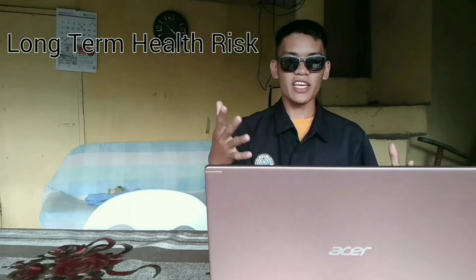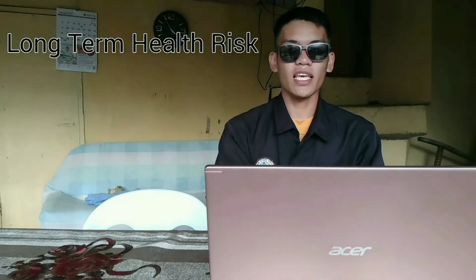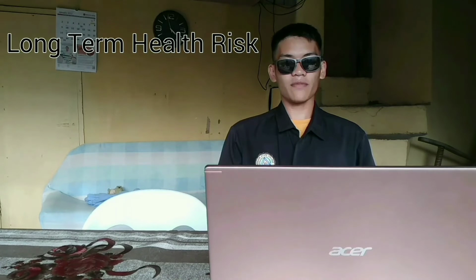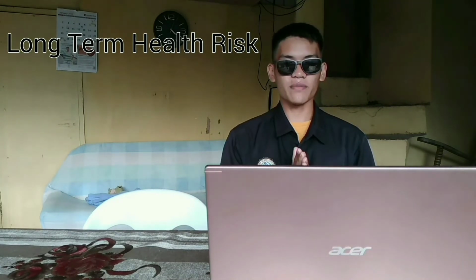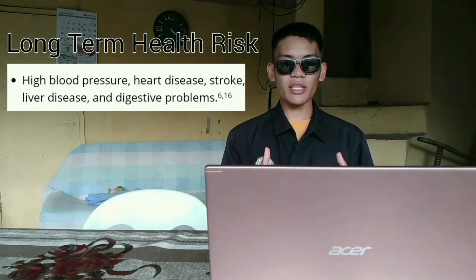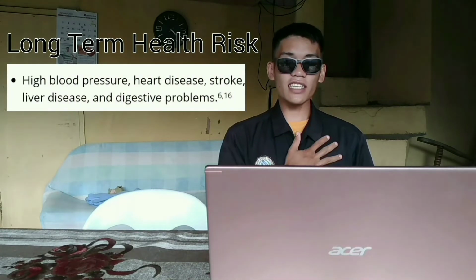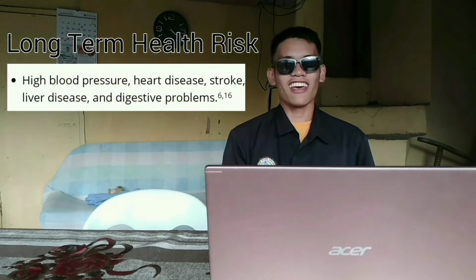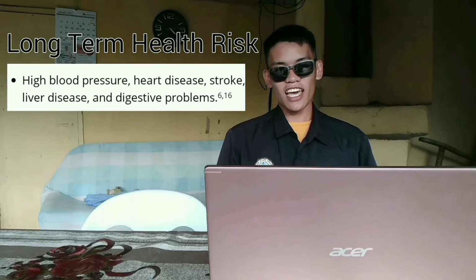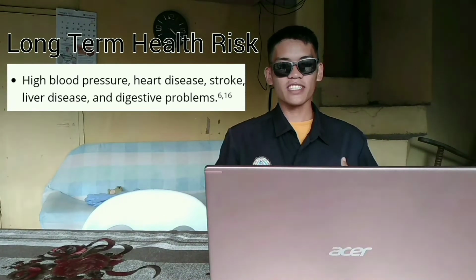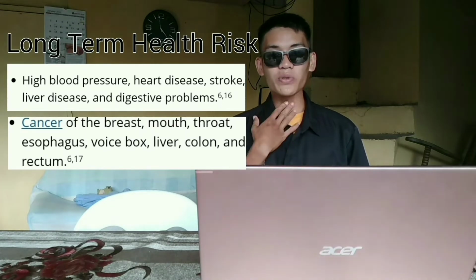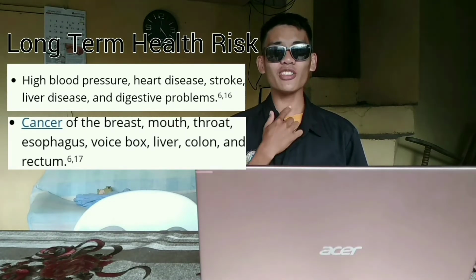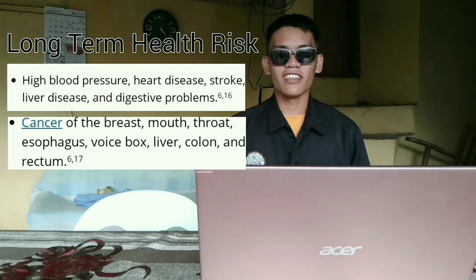Proceed to the long-term health risk. Over time, excessive alcohol use can lead to the development of chronic diseases and other serious problems, including high blood pressure, heart disease, stroke, liver disease, and digestive problems, breast cancer, and cancers of the mouth, throat, esophagus, voice box, liver, colon, and rectum.